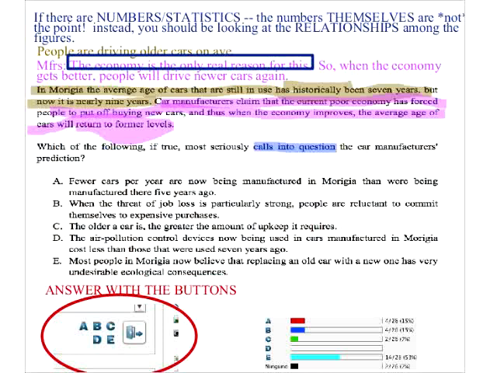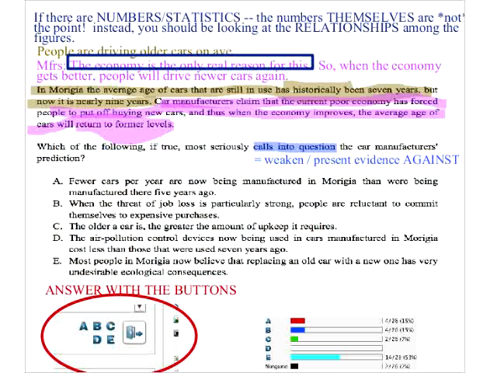Call into question means weaken or present evidence against. So make sure you know that. It doesn't sound like it means that. Call into question sounds like it means just question something, but call into question specifically means to weaken an argument. So, okay.